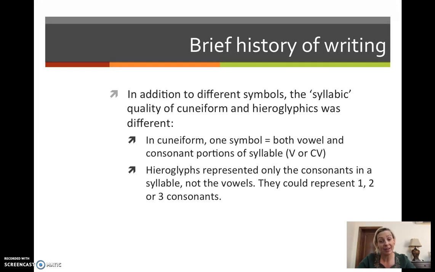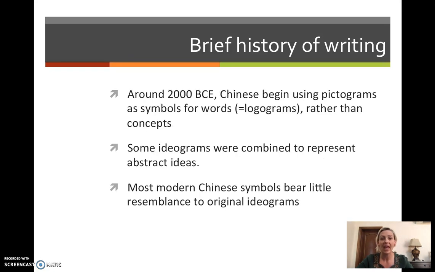Now in hieroglyphics, the hieroglyphs only represented the consonant. So you will have k, and this could be the syllable ka or ke or ku. So they could represent one or two or three different consonants, but the vowel didn't matter. Vowels were not represented.